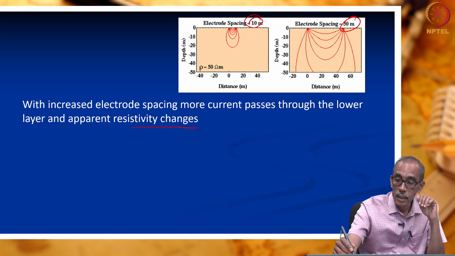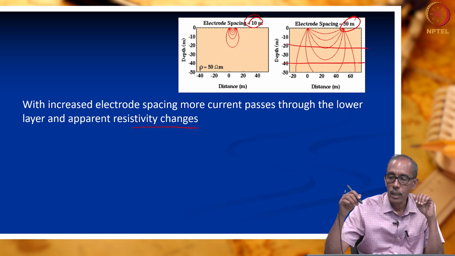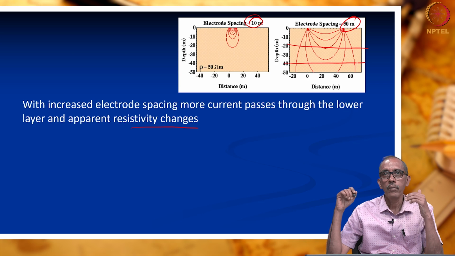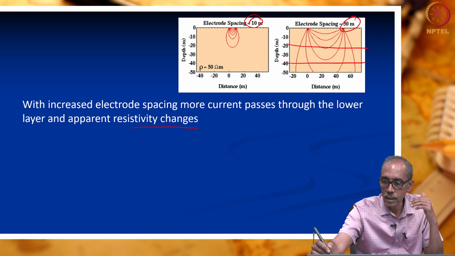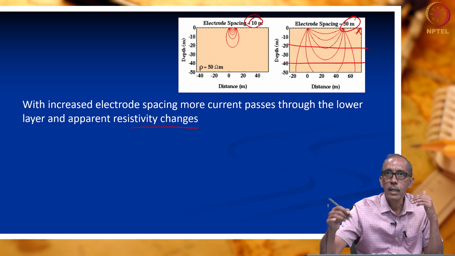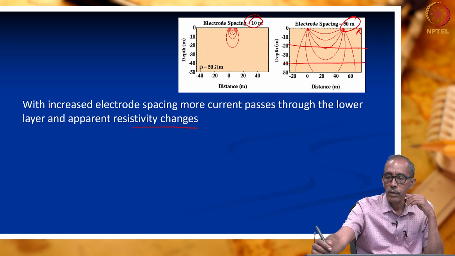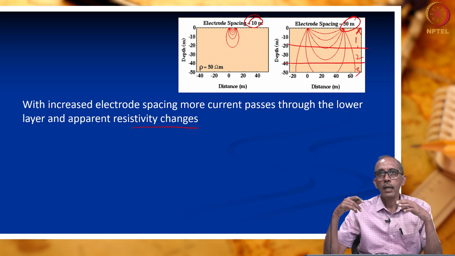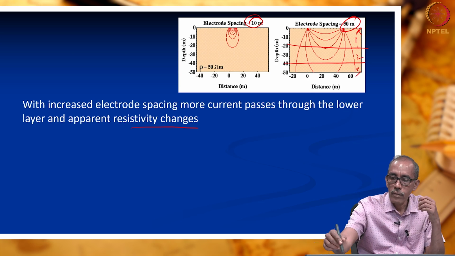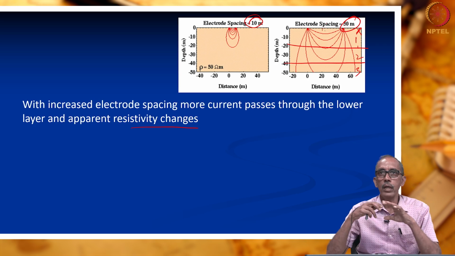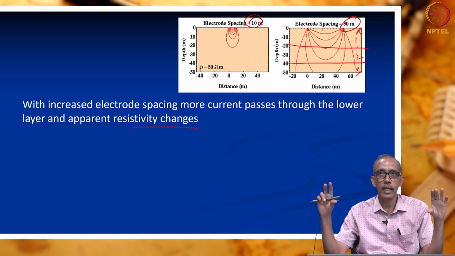Imagine there are a number of layers. When you have many layers beneath the surface of the earth, this is the surface of the earth, and beneath that you have the first discontinuity, this is layer 1, layer 2, layer 3. Previously we said when the electrode spacing is very close, current was flowing only in layer 1.